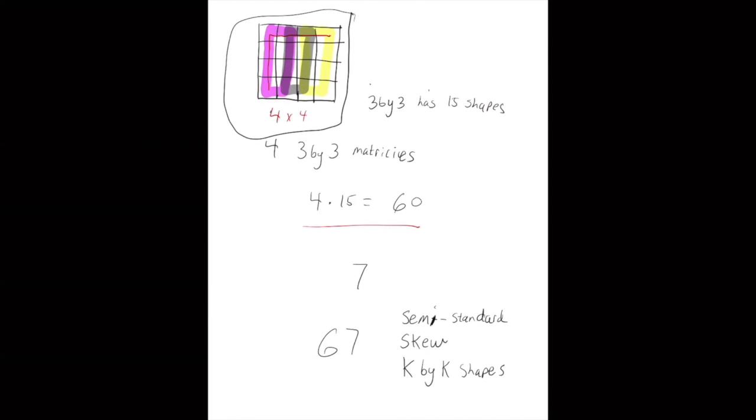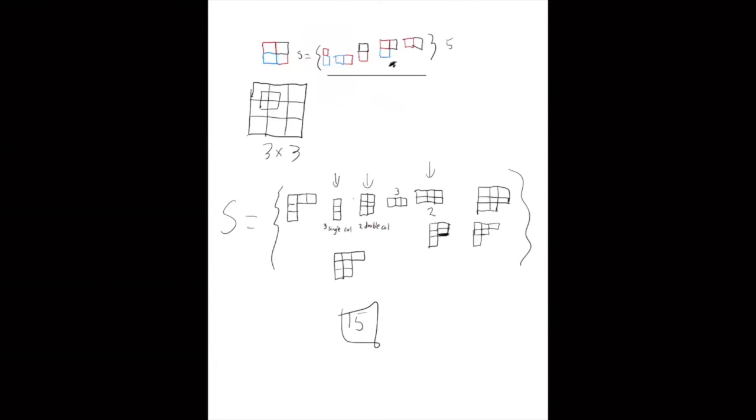In our counts, you can see here that there are no k by k shapes. And if you look up here at our 2 by 2 counts, there are no k by k shapes.